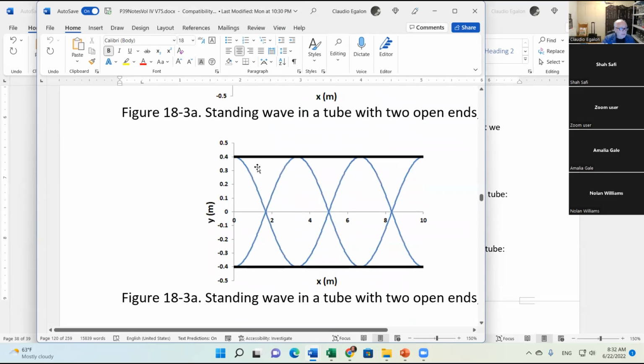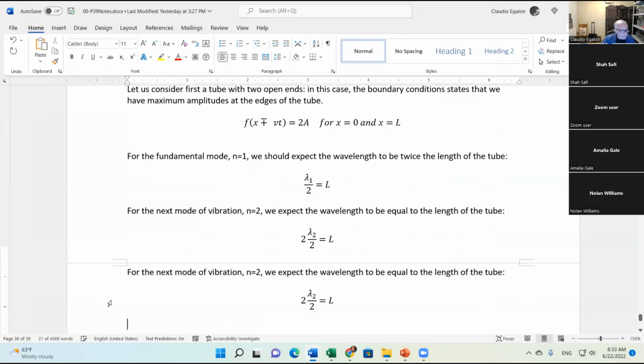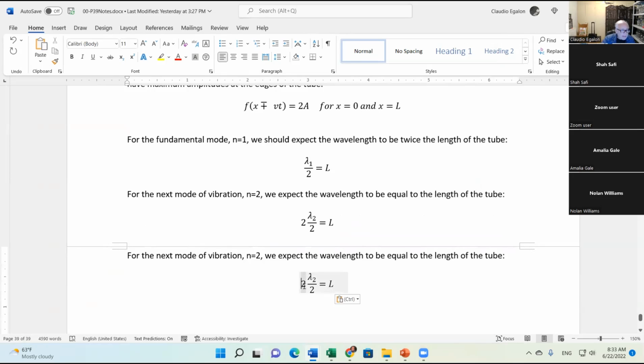Here you go, 1 lambda and a half equal to L. 1 lambda and a half is 3/2 of a wavelength, equal to L, and so on. Next modes like that, lambda 3.